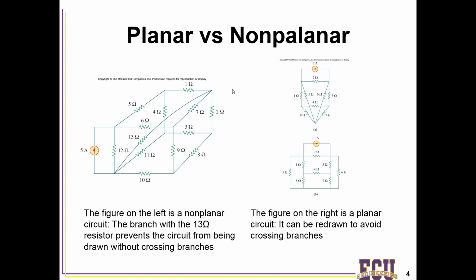Whereas over here on the right, as this is drawn, we see that this branch is crossing over another branch right here, and this is crossing over. But if we were to stretch this out, the 5 ohm and the 6 ohm here, now this is a planar representation of the same circuit, and we can do mesh analysis with a circuit drawn this way.